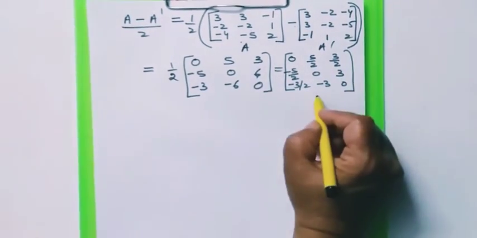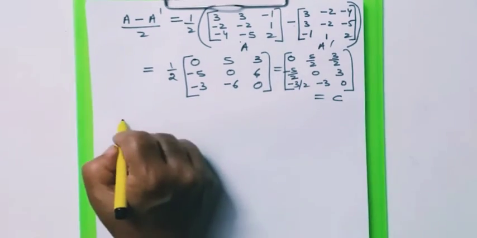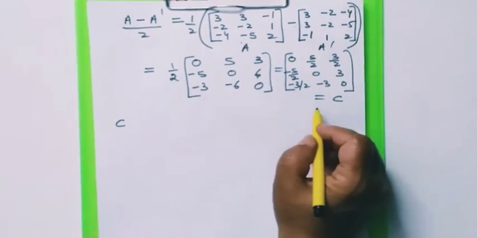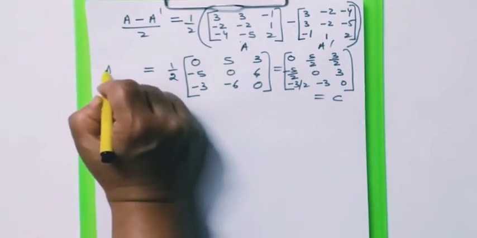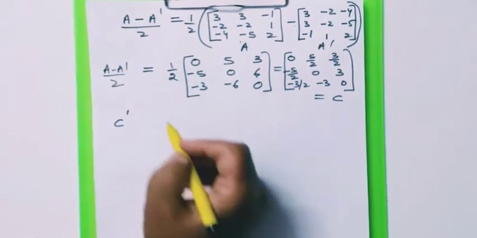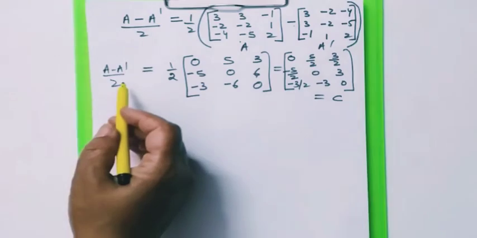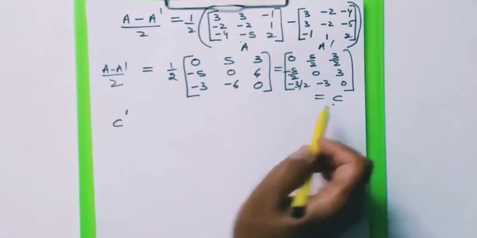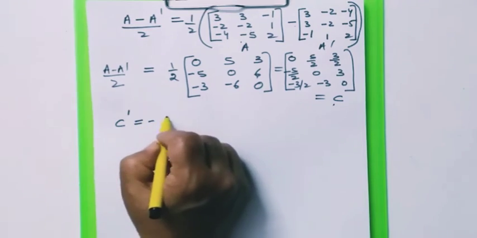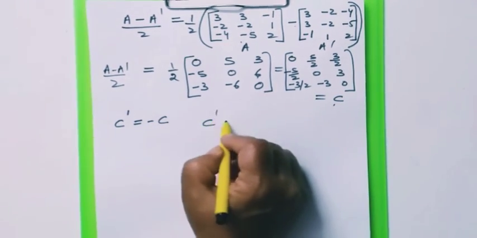So now let me call this matrix C, and if I calculate the transpose of C, I have to check that this matrix, which is A minus A dash by 2, is skew symmetric. So if I call this matrix C, I have to check that C dash should be equal to minus C. So I calculate C dash.